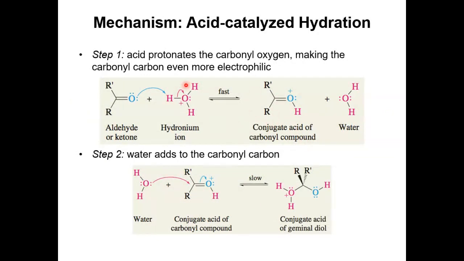You will see many times in the later part of the topics that protonation of a carbonyl generates a more electrophilic carbonyl, so it will accelerate subsequent nucleophilic attack. Any questions for the acid catalyzed hydration?